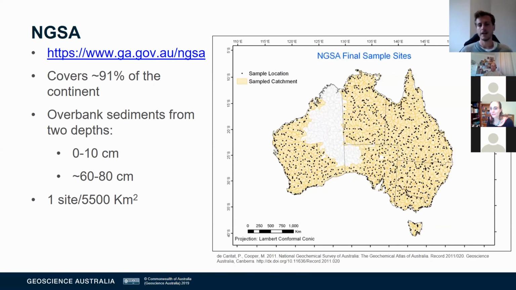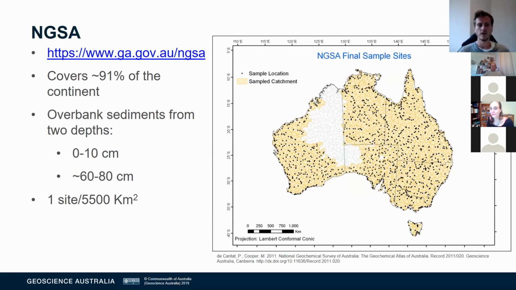Next up is our national geochemical data set, the NGSA, with this covering 91% of the continent. And as you can see there, the majority of Queensland is covered by the survey. Now, as I mentioned, NAGS followed the same methodology as the NGSA. So the NGSA has several reports associated that covers all the field methodologies, the QA/QC, and all the data that's available, as well as the maps.